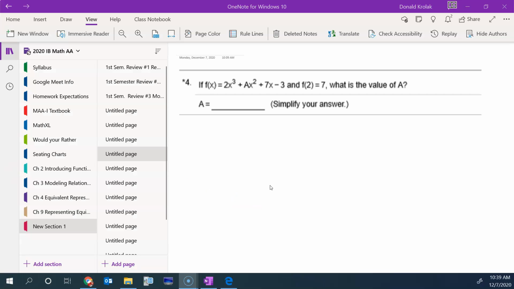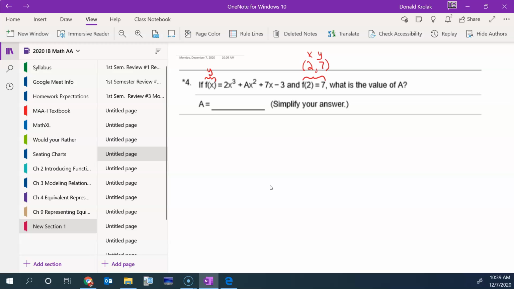Okay, you're given this function, and then you're told f of 2 is 7. So this is telling us that the point 2, 7 is on the graph. Find the value of a. So what you do is you plug 2, 7 in for x and y. Remember, f of x is the same as y.